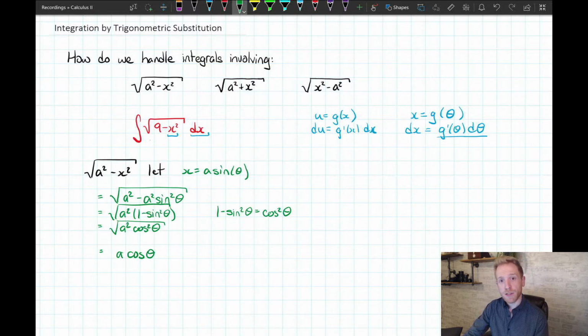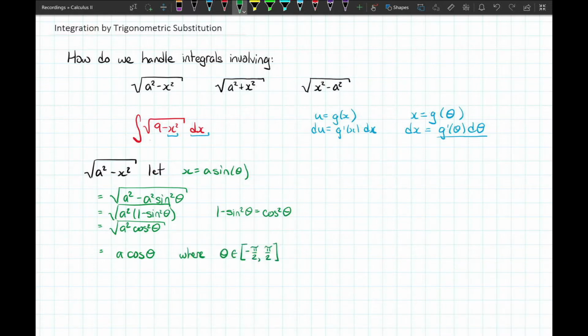When we make our substitution x equals a sine theta, we'll just restrict theta to the two quadrants where cosine theta is already positive, and that's quadrant 1 and 4. So we will assume that when we do our substitution, we are simply going to use theta as being from negative pi over 2 to positive pi over 2.